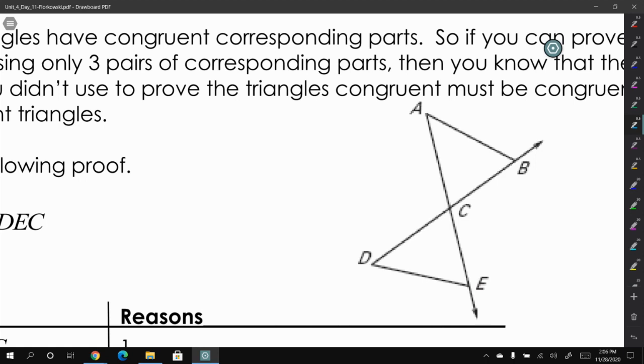So we're first going to prove the triangles are congruent and then use that information to show that either 2 sides or 2 angles are congruent, that were not originally used to prove that the triangles are congruent.